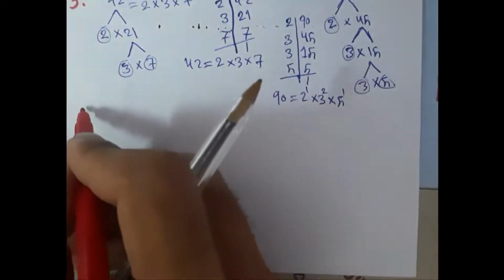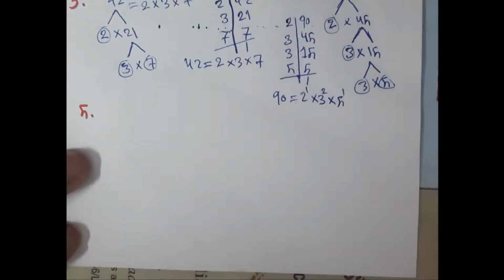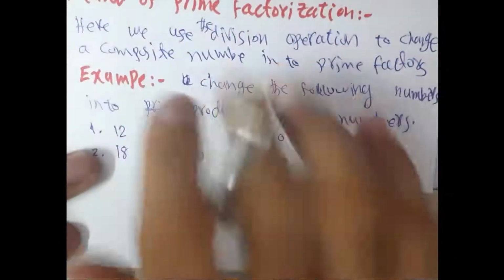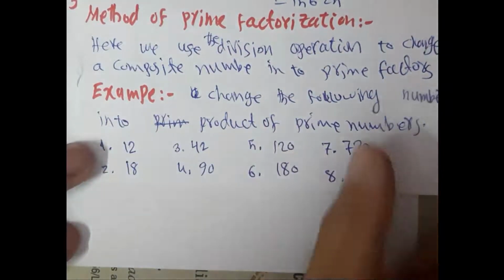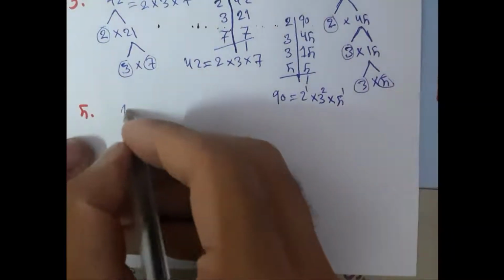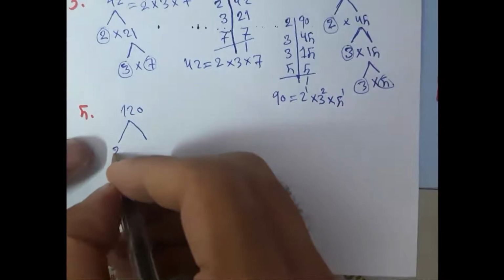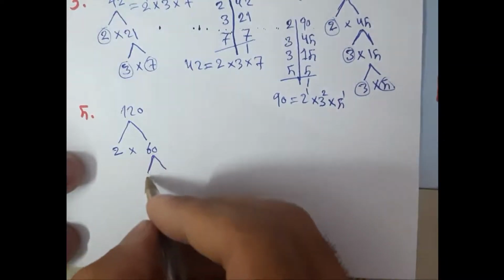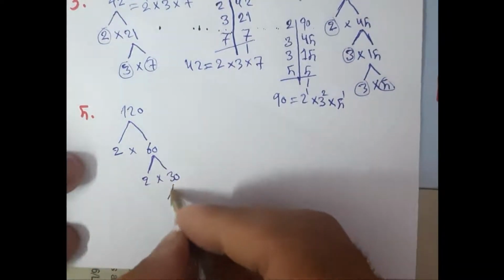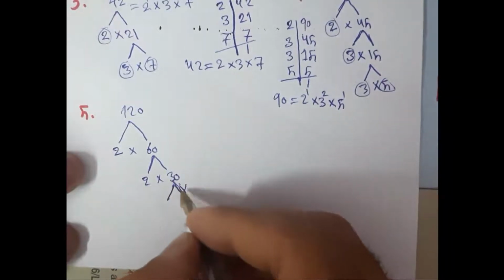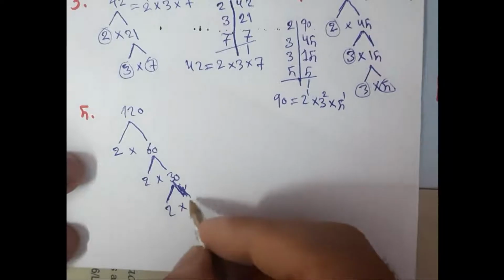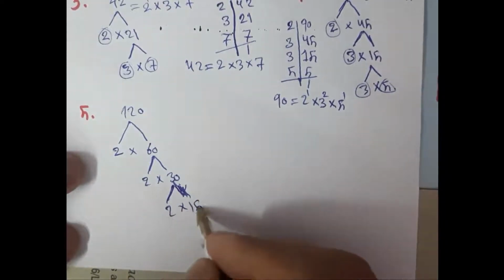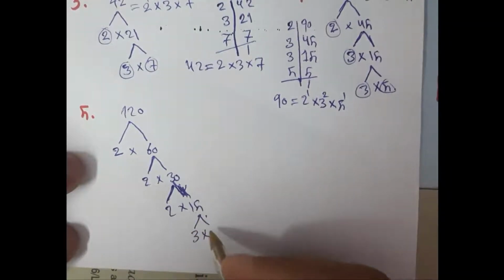Question 5 we had 120. So 120 divided by 2 is 60, divided by 2 is 30, and 30 divided by 2 is 15. And 15 is 3 times 5.